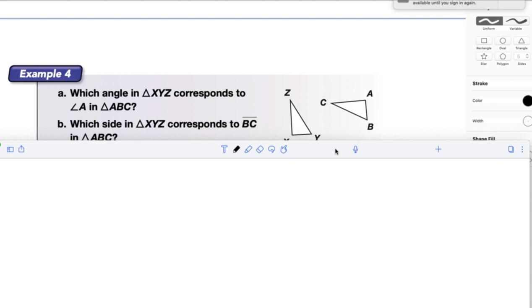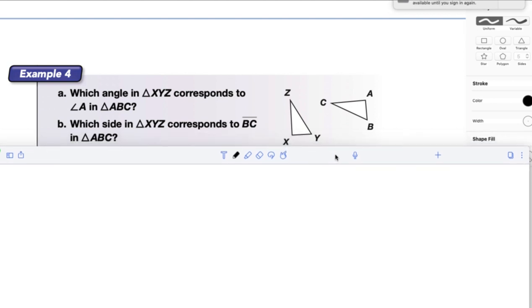So order matters when we name our shapes, our polygons. So which angle in angle XYZ corresponds to angle A in ABC? So we're going to assume that these two triangles are congruent, and we're looking at angle A, and we want to know which one of these angles here, X, Y, or Z, corresponds to angle A. And the cool thing is that we can look at it and see that A and X are kind of corresponding.